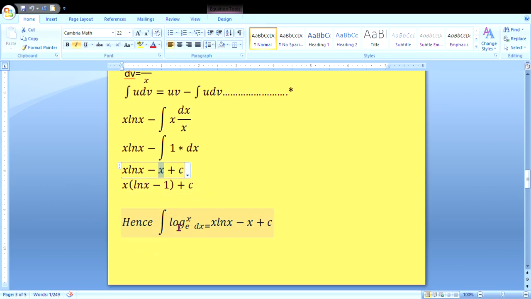Hence, the integral of ln x dx is equal to x(ln x minus 1) plus c, where c is an arbitrary constant. This is how to use integration by parts. First, you must look at the two functions, which one is integrable and which one is differentiable. That will guide you.